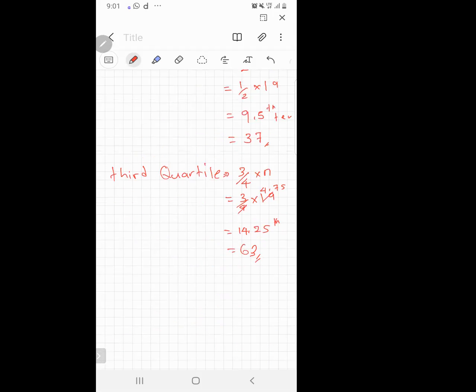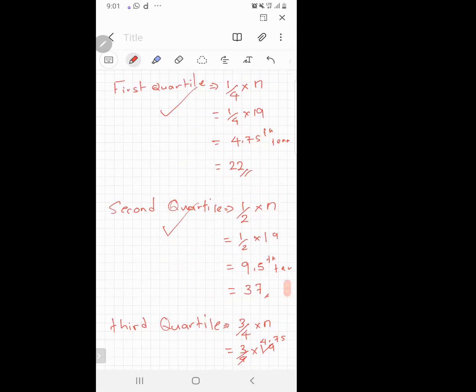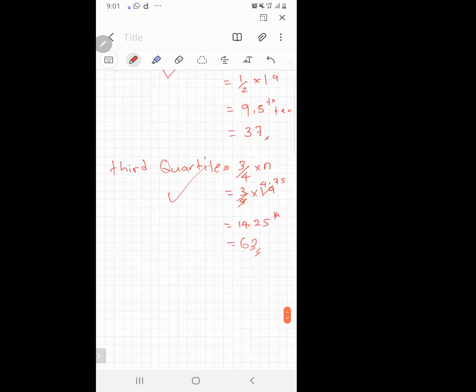So this is the way to find first quartile, second quartile and third quartile. First quartile na கால் பங்கு, second quartile na அரை பங்கு, third quartile na முக்கால் பங்கு. So interquartile range.